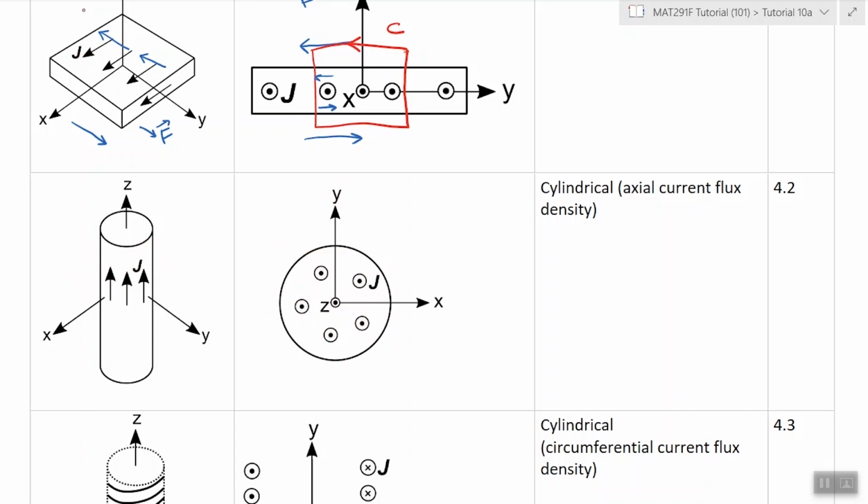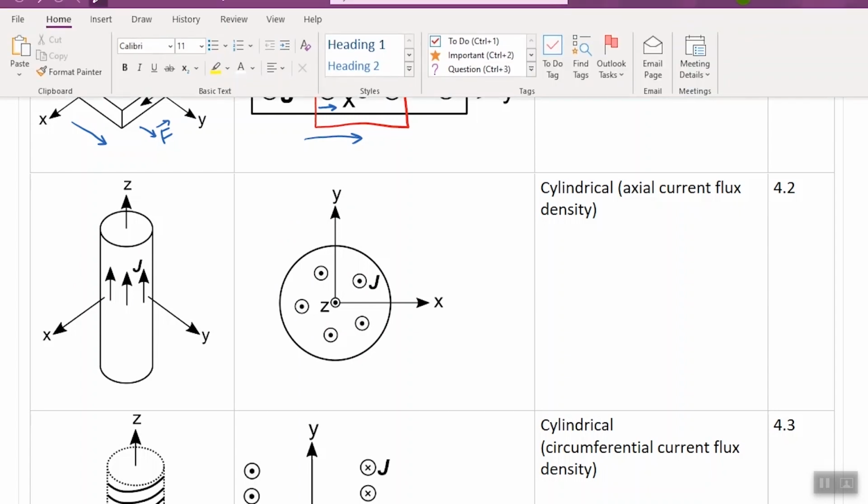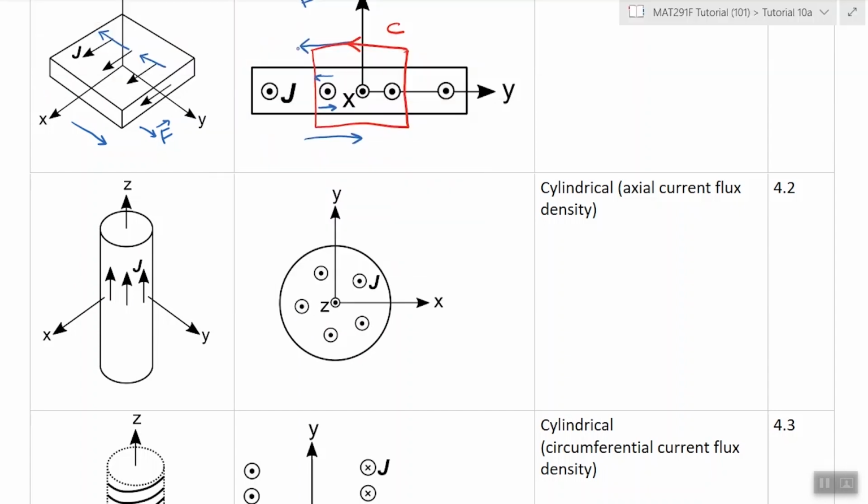The field produced would go around this cylinder like this. Again, by the right-hand rule, your fingers would align with the field and your thumb would align with the current. And then here it would look something like this.